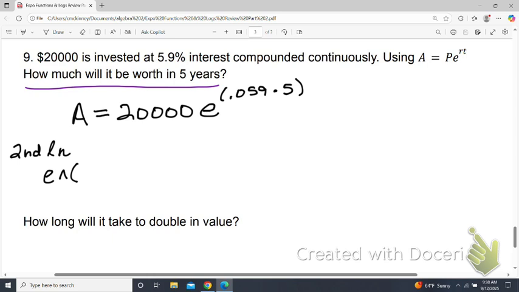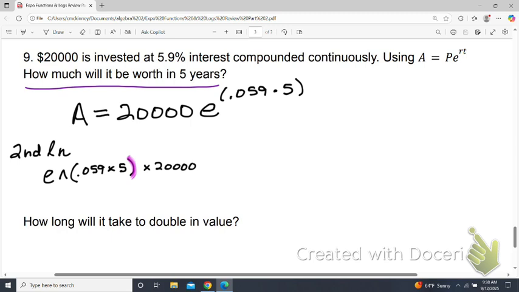And then you could do the math first, but I just went ahead and put all of this in the exponent, times 5, closed it, okay? You could put all of that in and then times 20,000, or you could put 20,000 and then get the E and then the power. But please be sure that you close this.